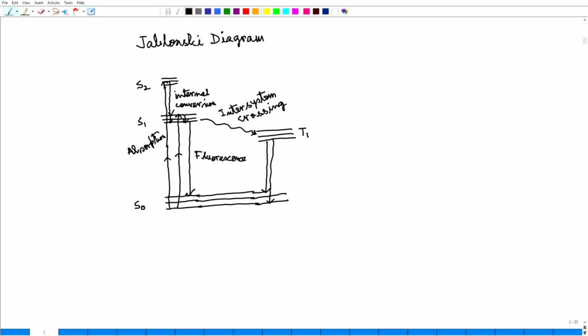This is called phosphorescence. So, I have drawn a Jablonski diagram, very approximate. The Jablonski diagram is really a complex one, but we do not need to bother about that. The simplest is fine.